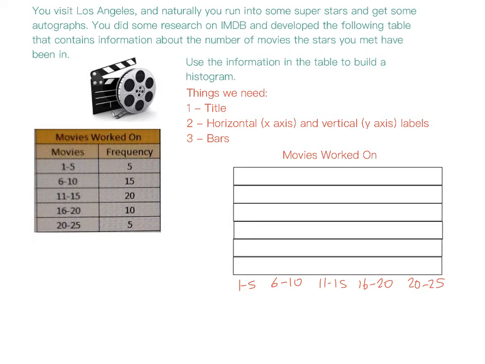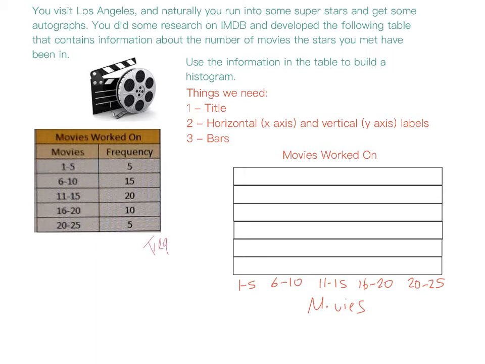Now let's talk about what the title or the label of this axis would be, because those are our intervals, but where did that come from? Well, it came from that column of the table, which was the movie column, right, or movies. Now over here, what are we going to do here? Well, the title is frequency, okay, so let's use the same title.